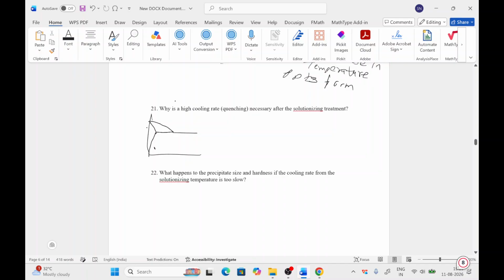This is the maximum concentration, this is at T1 and this is at T2. The solubility is decreasing with temperature. So we increase the temperature to get a solid solution. This is the solutionizing treatment.